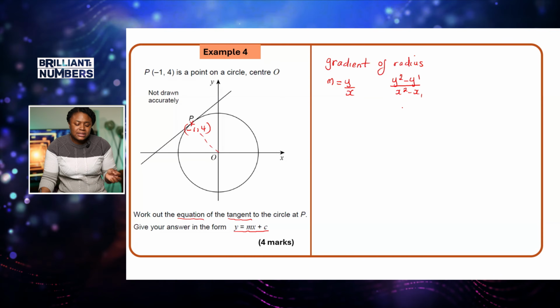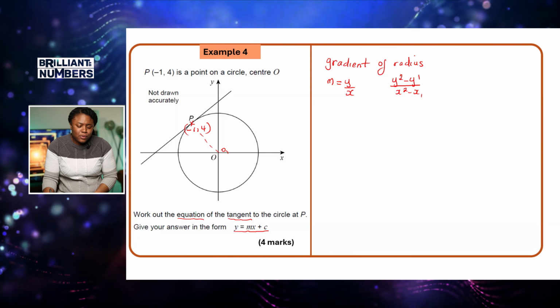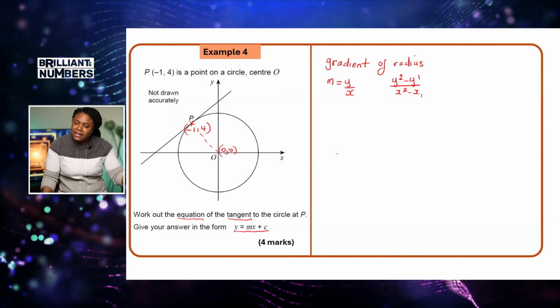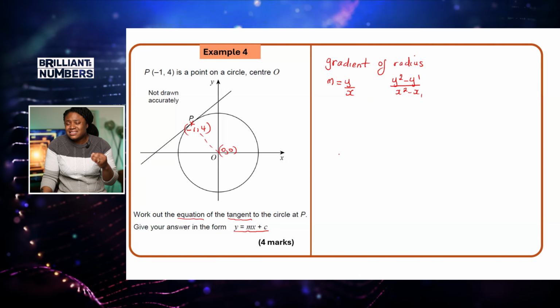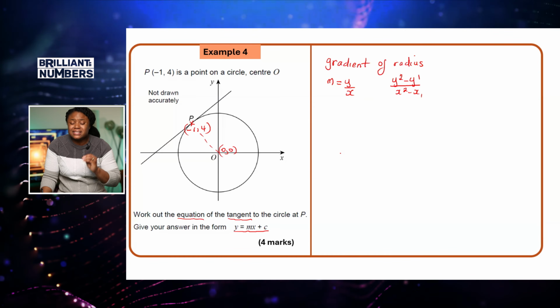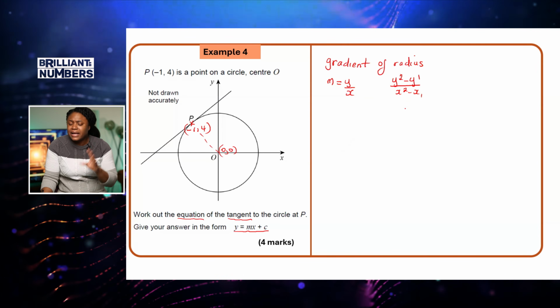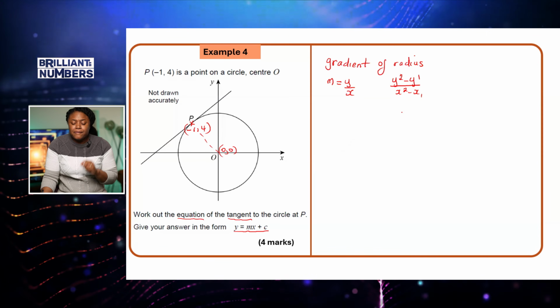Now, because the origin is 0, 0, when I subtract them from the other coordinates, I'll still get the same thing. So when the center is 0, I do not need to waste time in my exam to apply the y2 minus y1 formula. I can just do y over x.